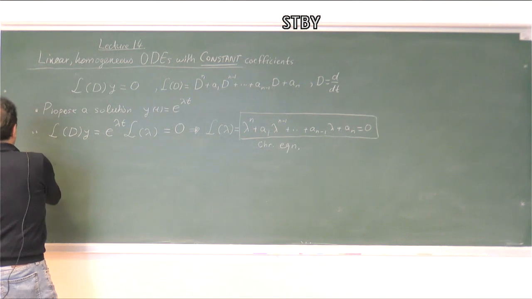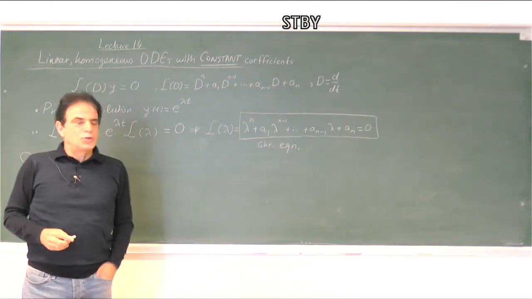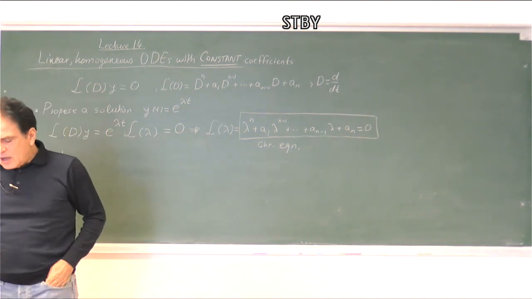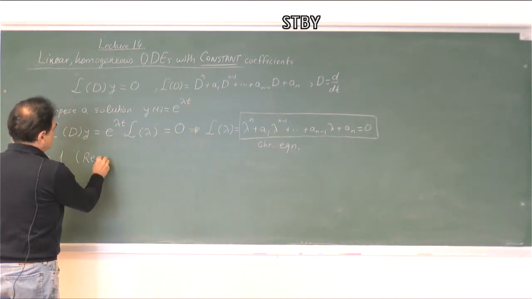As you understand, there is a first case where the roots of the characteristic equation are real, so let's say real distinct roots.